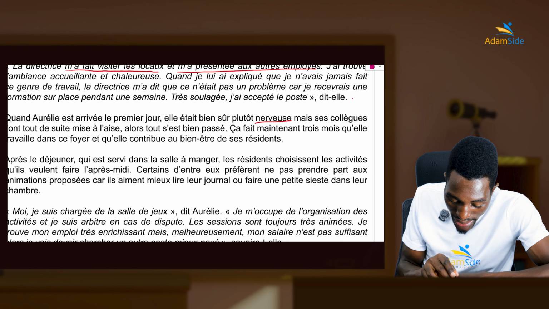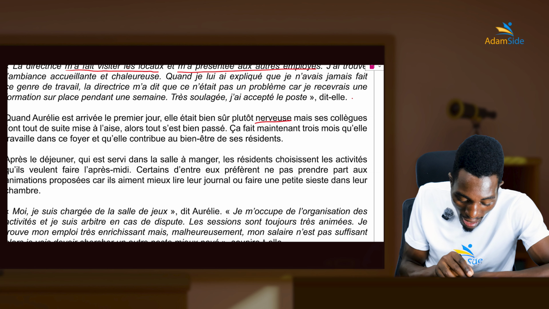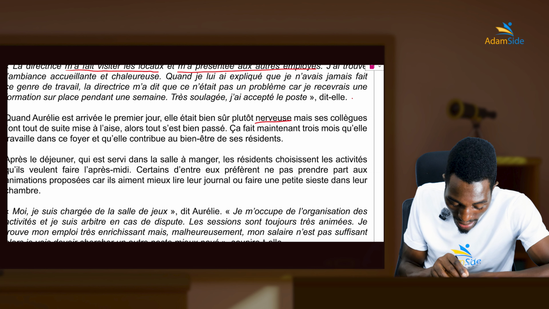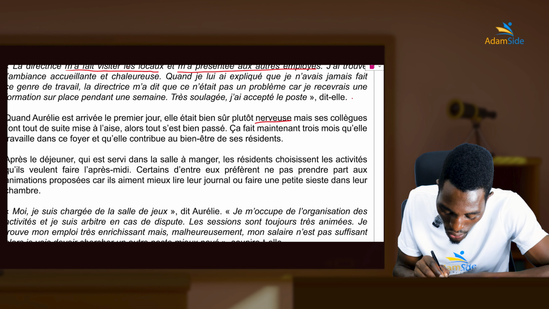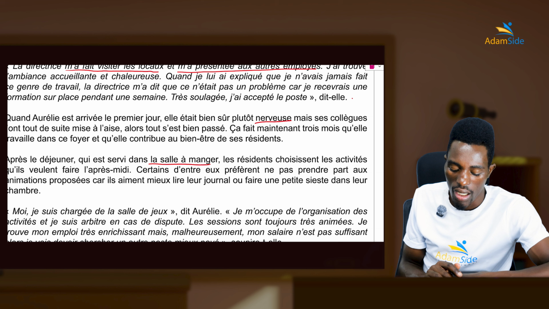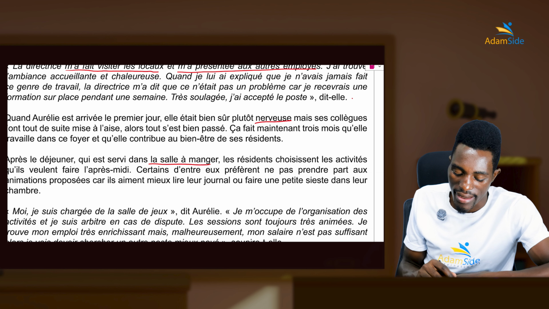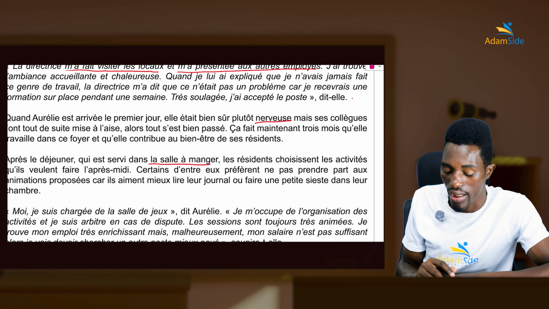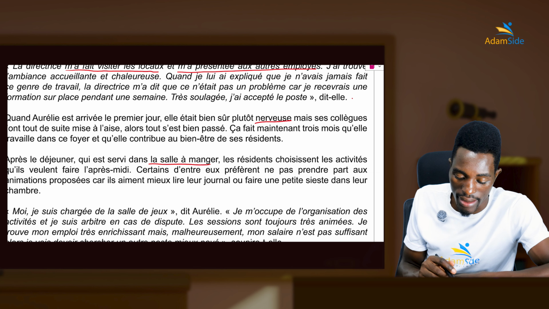Après le déjeuner, after lunch, which is being served dans la salle à manger, in a dining hall, eating room. So the place is la salle à manger. Let's then go and write an answer there.